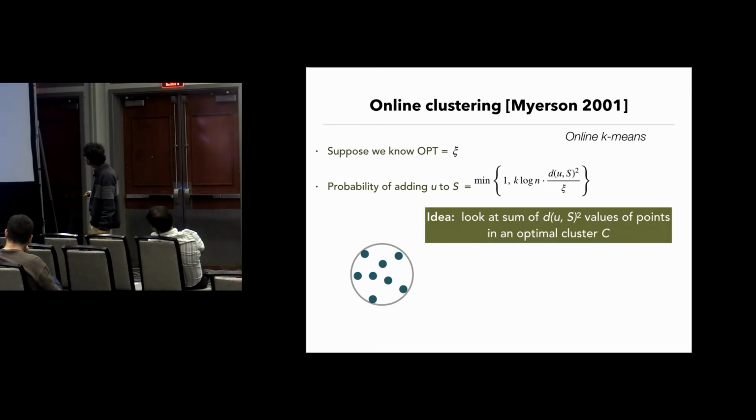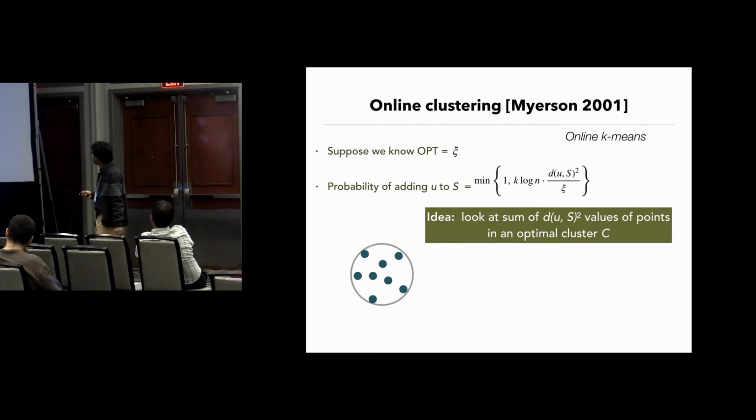And why is this? Actually, the proof is quite simple, at least at a high level. So this is a caricature proof. Let's say you look at some optimal cluster C, and you look at the sum of the d_u squared values, the squared distances to the points that you've chosen so far.